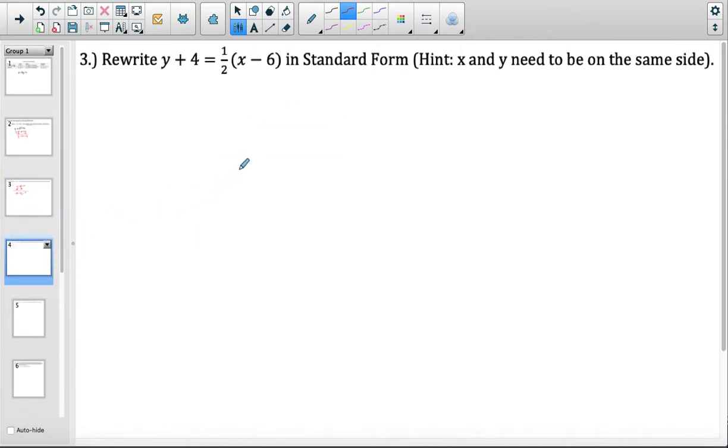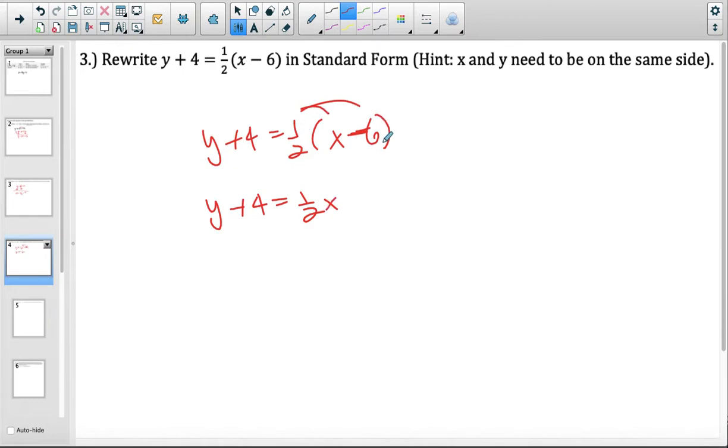On example number 3, I want to take this point-slope equation and write it in standard form. Y plus 4 equals 1/2 times the quantity x minus 6. So again, if I want this in standard form, I'd first need to still distribute and get rid of the parentheses here. So I have y plus 4 equals 1/2 x, and half of negative 6 is negative 3.